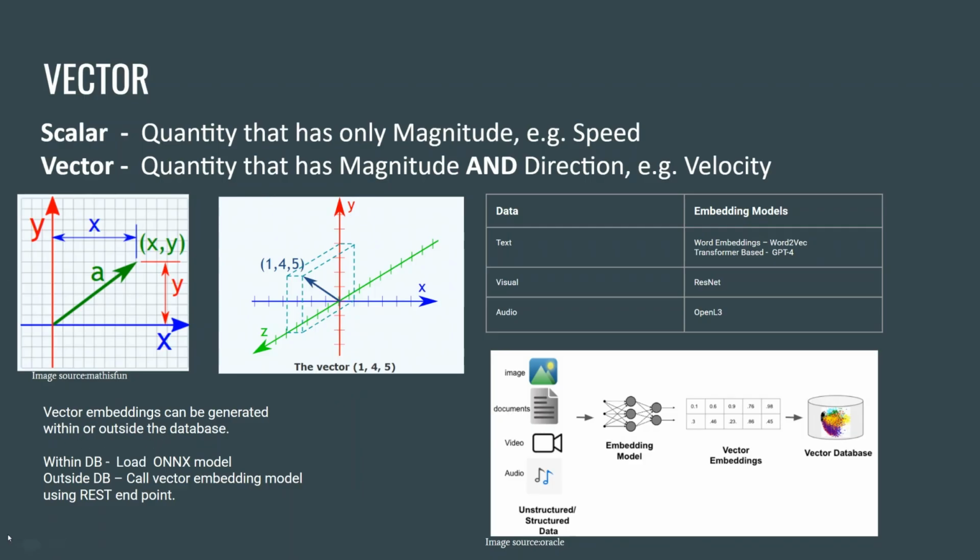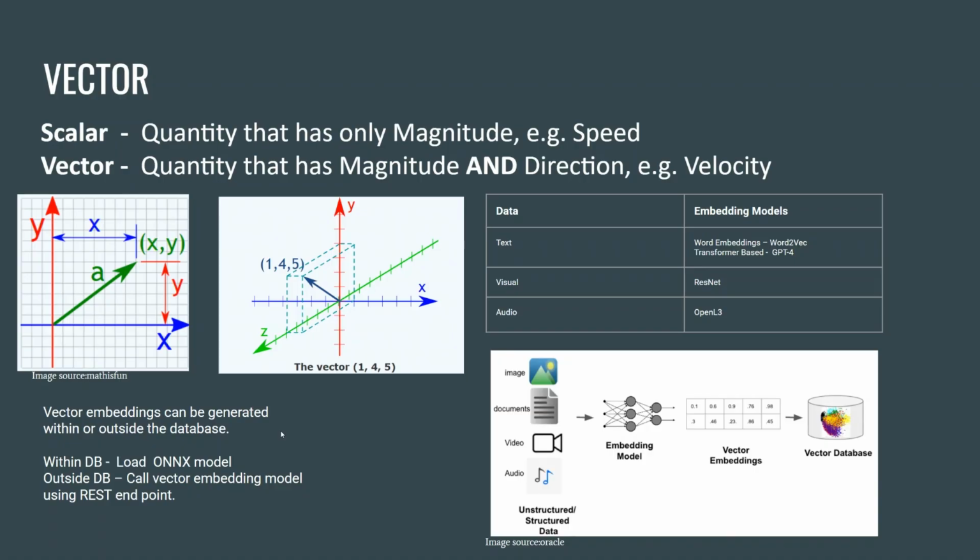Within the Oracle 23 AI database, it has this capability, so you can download the model within the DB, which makes it more secure. You will load your model, or you can use the models from OCI.